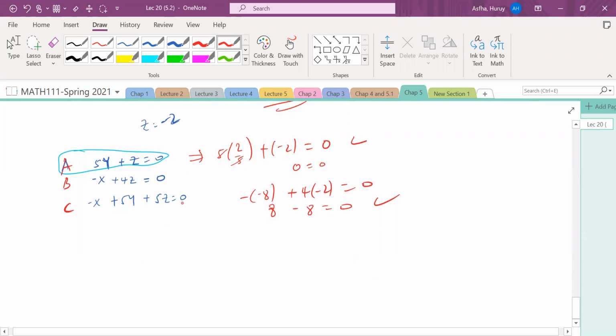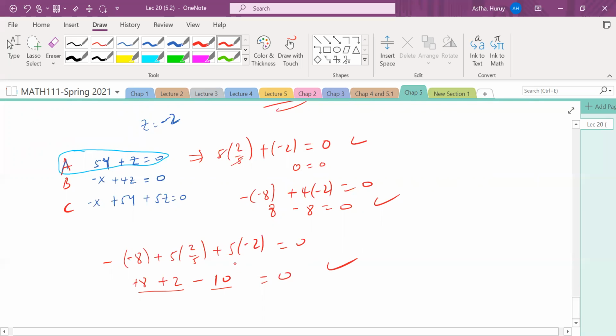And for the third one, we have negative 8, 2 over 5 plus 5 times negative 2 equals 0. Negative 8, oh, this has to be positive. This is positive 8 plus 2 minus 10. So we have 10 minus 10 equals 0.